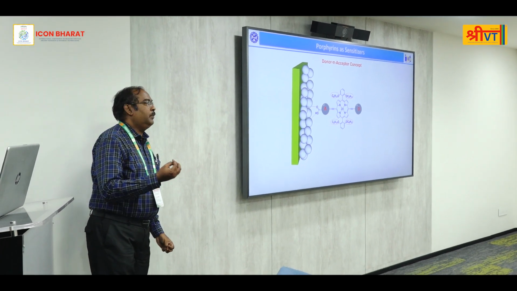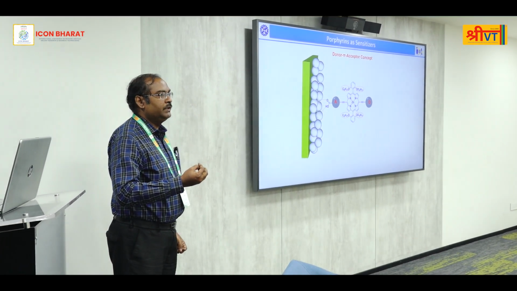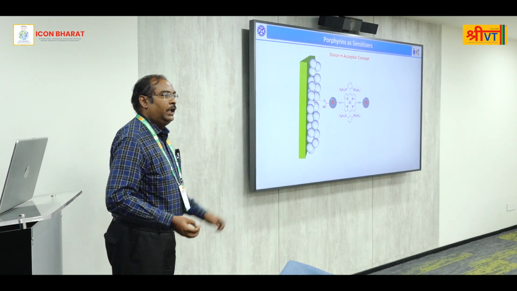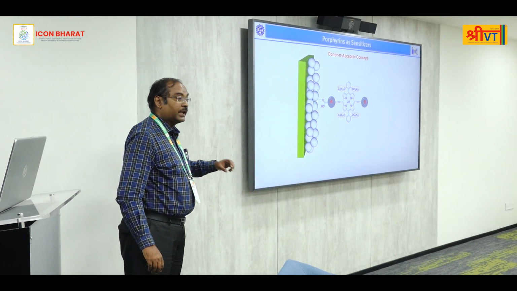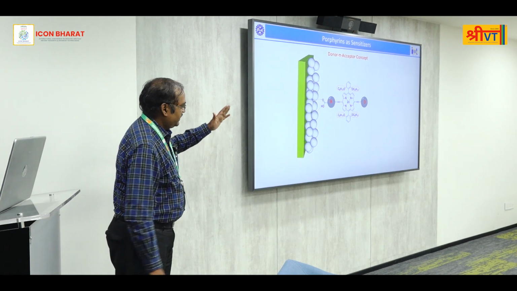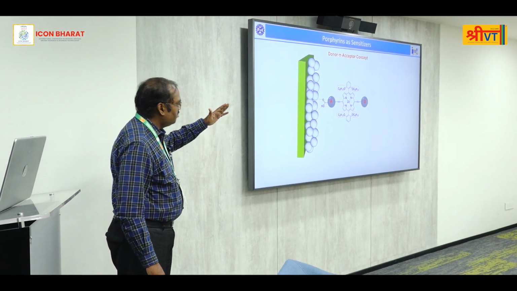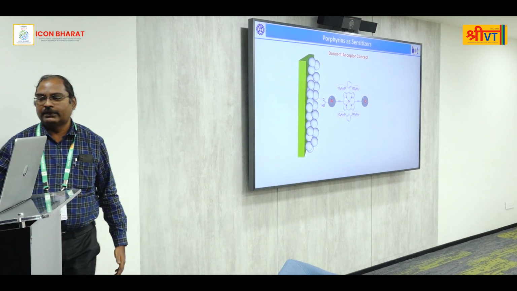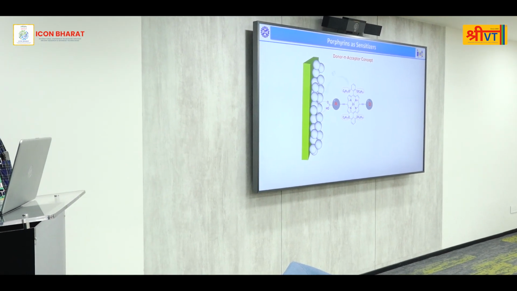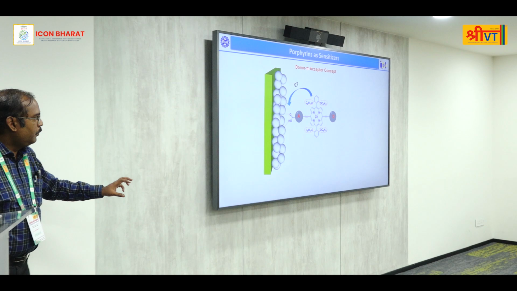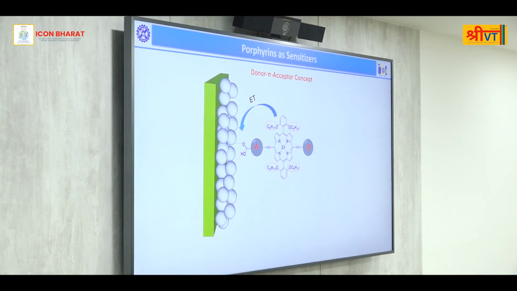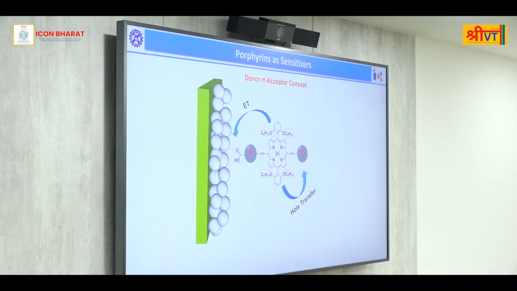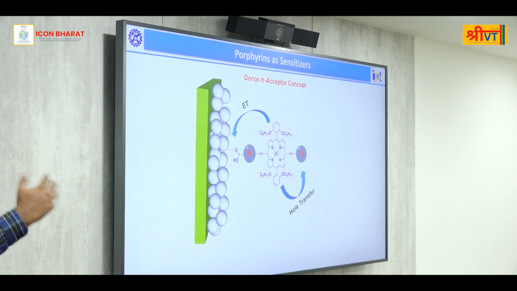So what will happen if you introduce highly electron withdrawing groups in any organic molecule? It pushes the absorption towards the red region. So we thought, yes, this kind of approach may give better efficiency. So when you inject the electron from porphyrin to the TiO2, the hole is moved from the porphyrin to the donor.